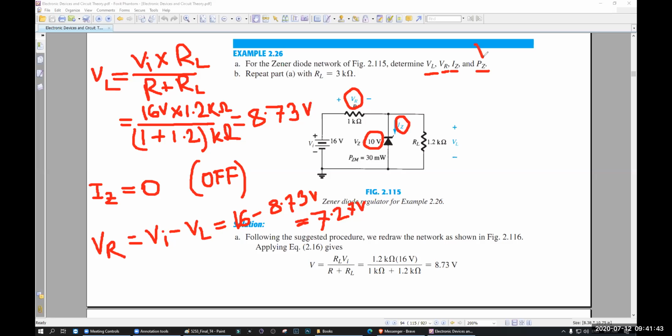What is PZ? PZ is the Zener diode power. What is the formula? IZ into VZ, because power is equal to I into V. So your IZ is equal to 0 and VZ is equal to 10 volt. It doesn't matter because you have a 0. So it is 0 watt.